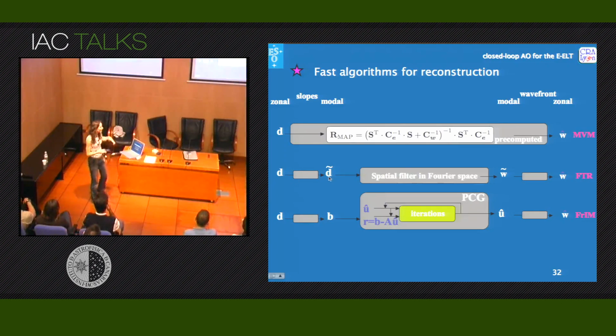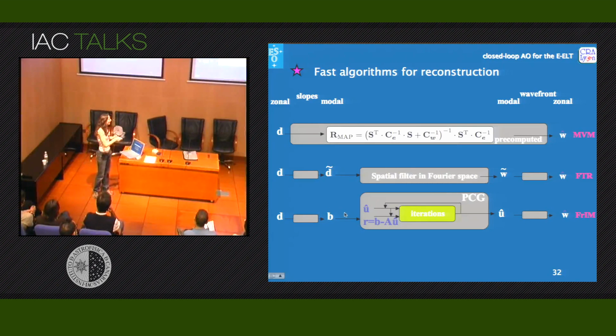I just provide here some results about changing the turbulence conditions we are observing. And so here is R0, which describes the turbulence coherence distance, and T0, which is the speed at which the turbulence varies above the telescope.